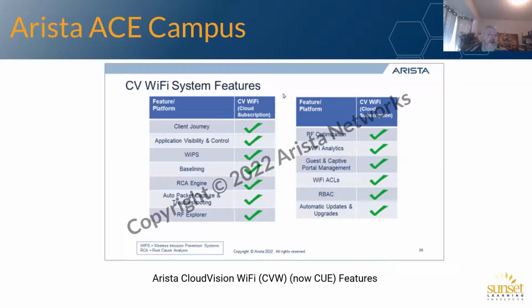Now, if you look at this nowadays, CV Wi-Fi is now called CUE, Cognitive Unified Edge. Nonetheless, we're going to show you how it works. All right. So you can see here, there's a whole variety of features and capabilities that are part of CV Wi-Fi. And we're going to explain each one of these.